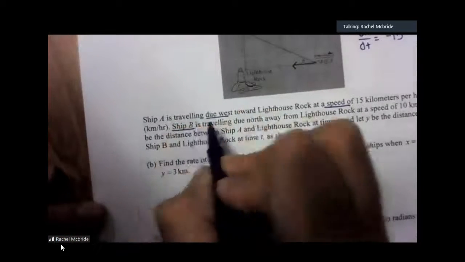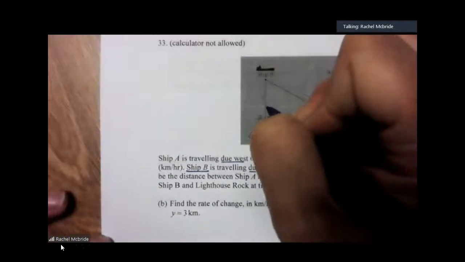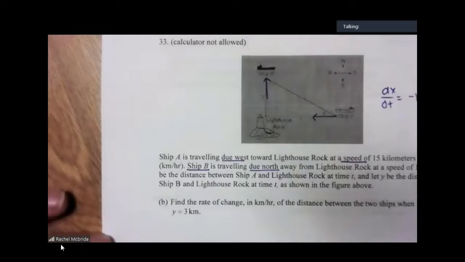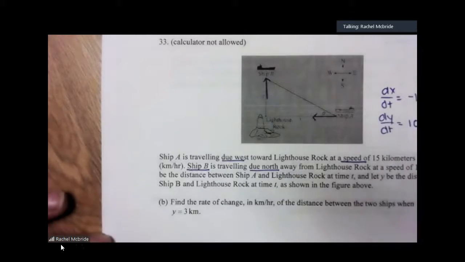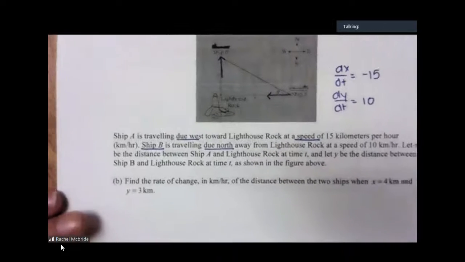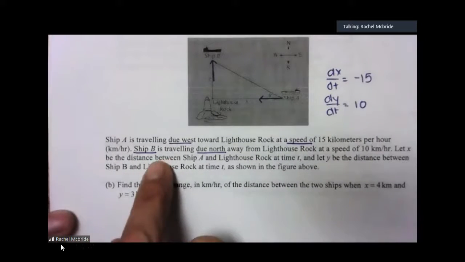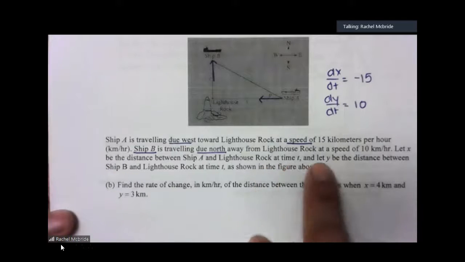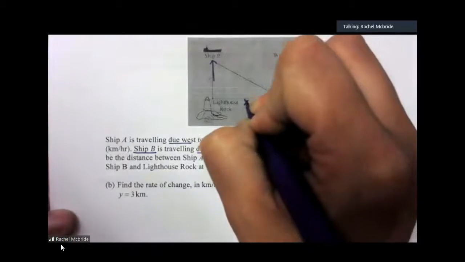Ship B is traveling north. So ship B is moving away from the lighthouse. So dy dt is positive 10. Let x be the distance between A and the lighthouse at time t, and y be the distance between the ship and the lighthouse at time t.